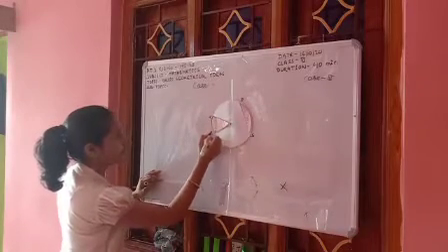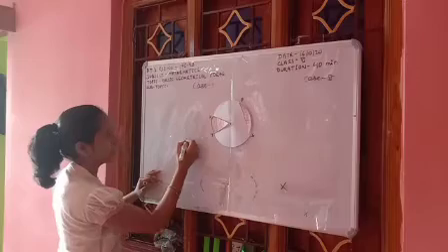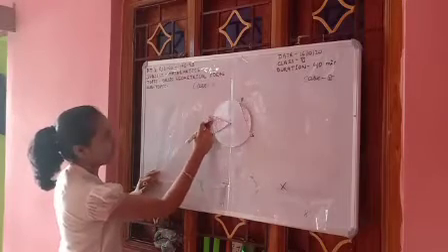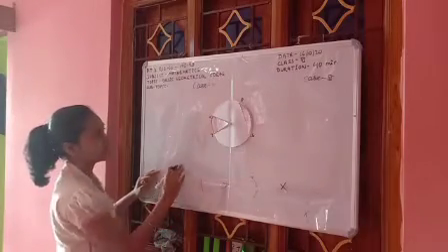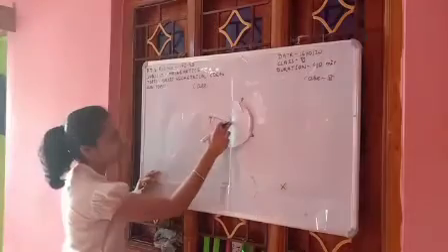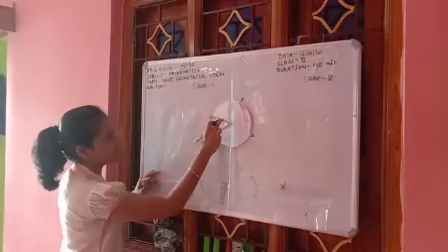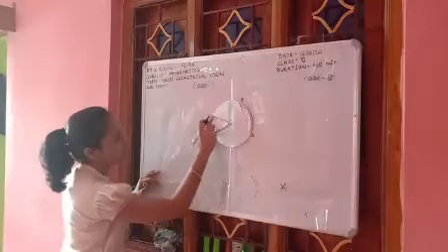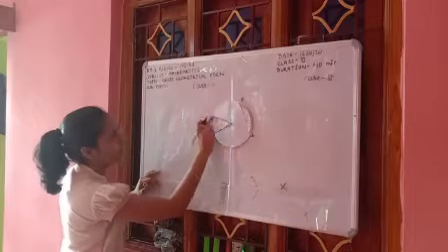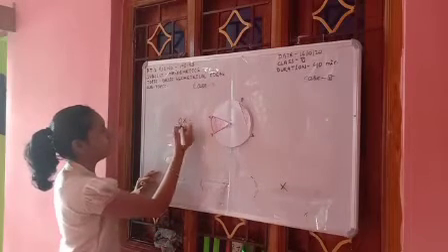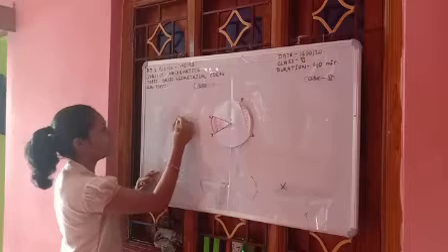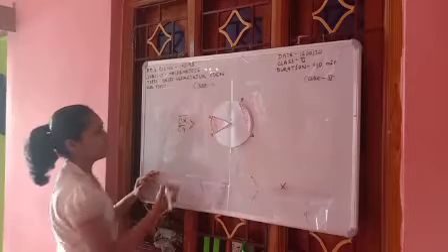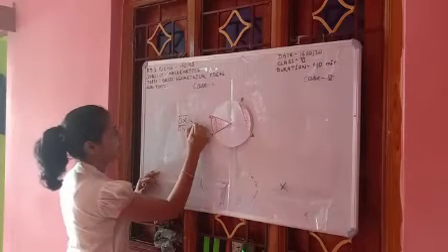This shape is made up of what? This is made up of a triangle? No, this is not a triangle. This is a curved line, and these are OX and OY. OX and OY are the radii of this circle.